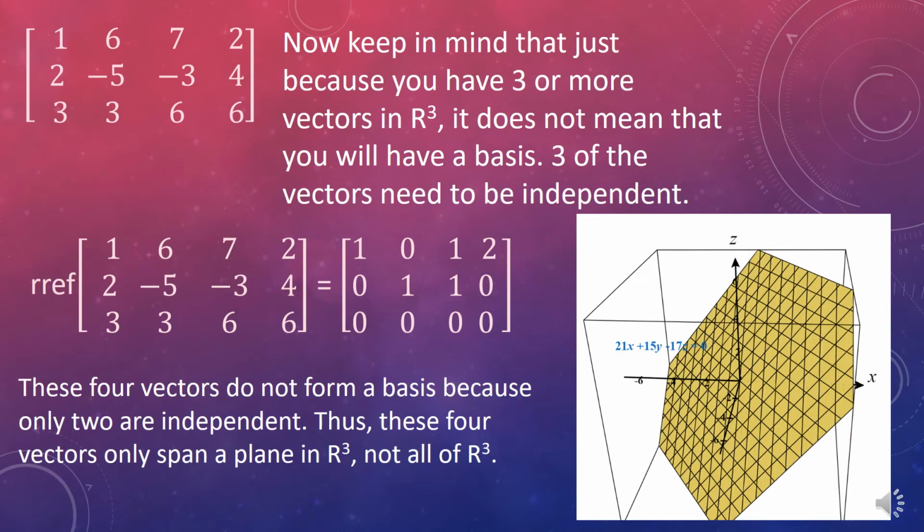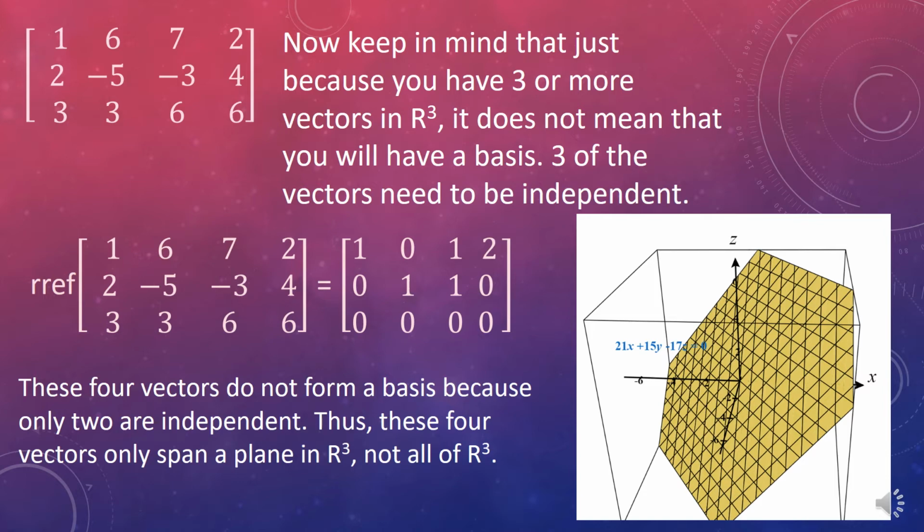A basis is the smallest set you need to actually span your space. Now keep in mind that just because you have 3 or more vectors in R3, it does not mean I have a basis or span the space. Here I have 4 vectors, so on the surface it looks like it's not a basis because I have too many vectors. I only need 3. But in fact, it's not a basis because it doesn't span all of R3.